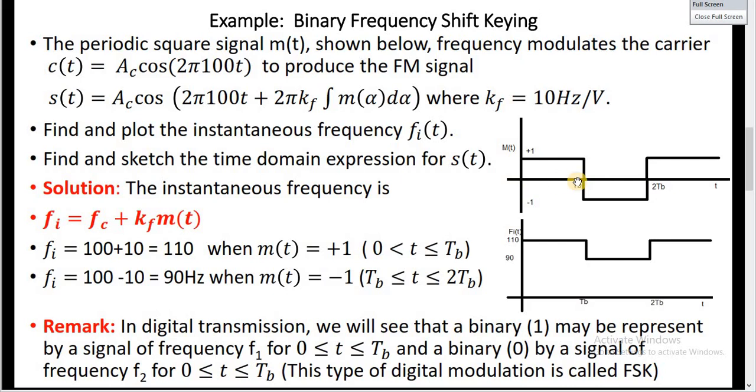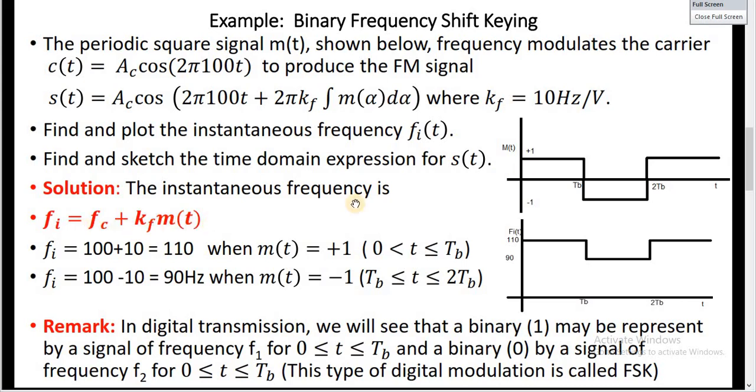So this is TB. Between 0 and TB, m of t takes on the value +1. We substitute this +1 into this equation.